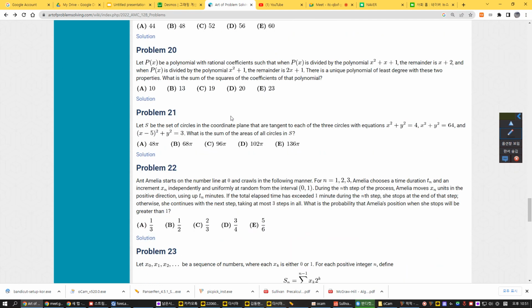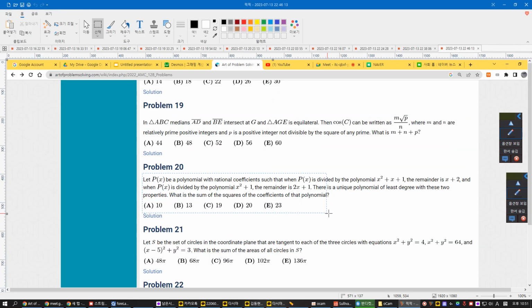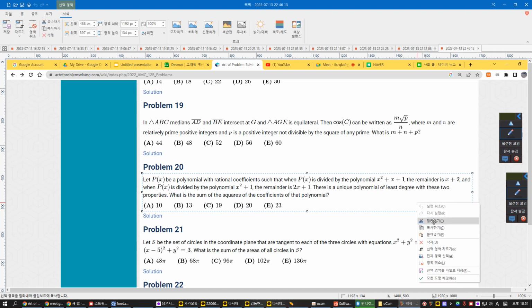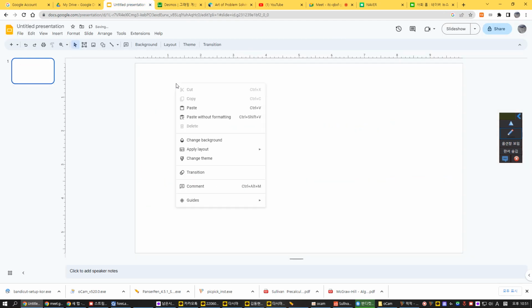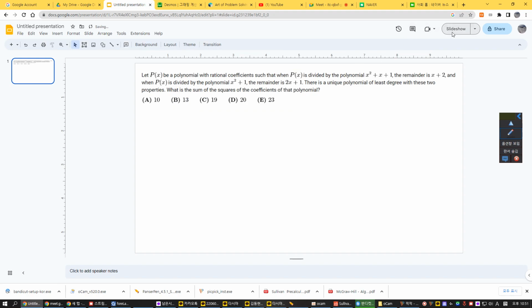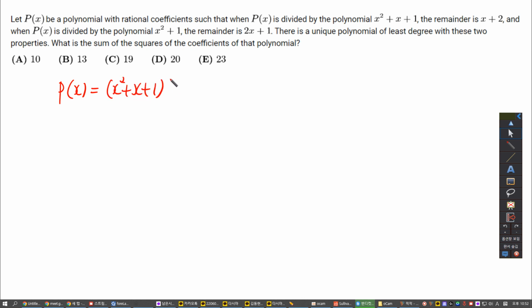For number 20, P of x is divided by this polynomial x squared plus x plus 1, so that means there will be some quotient, and then the remainder is x plus 2.